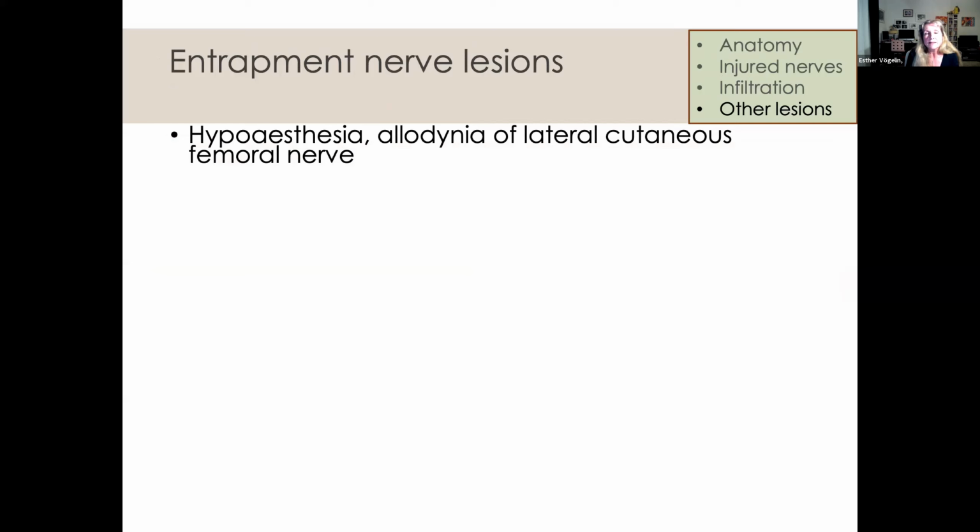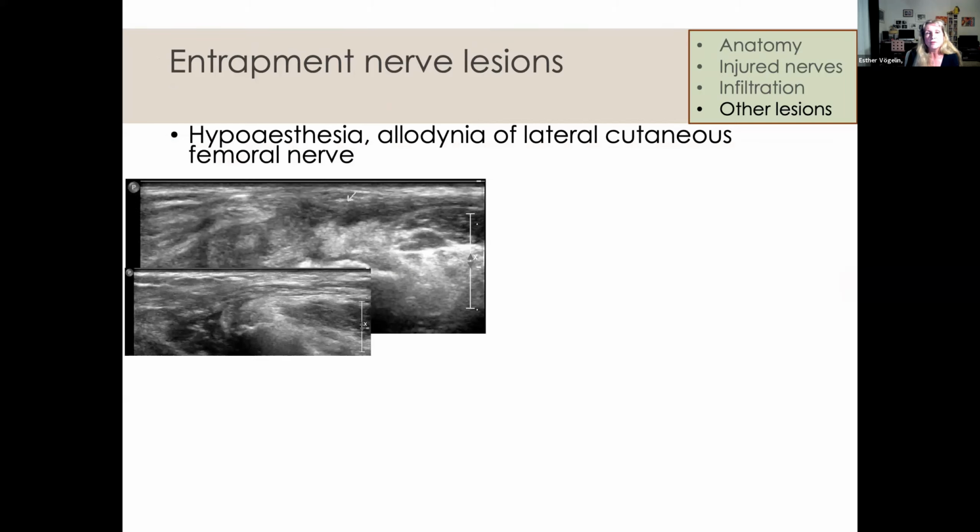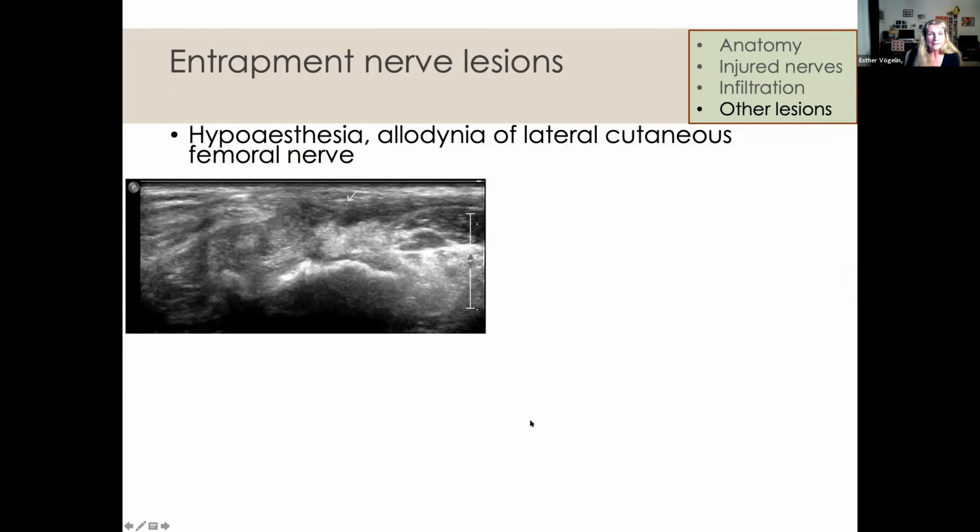This is a young lady with a hyperalgesia of the lateral cutaneous femoral nerve. And you see here the ultrasonography. This is the anterior iliac crest spine. And here you see where this nerve is coarse, there is a bit of a mess.